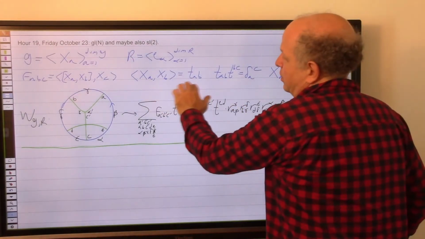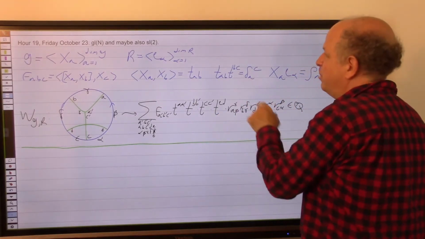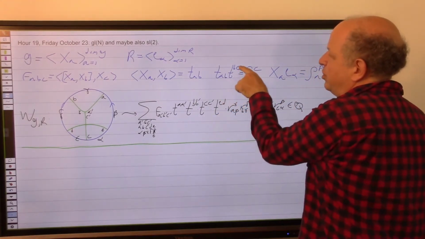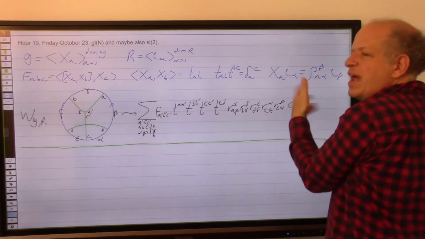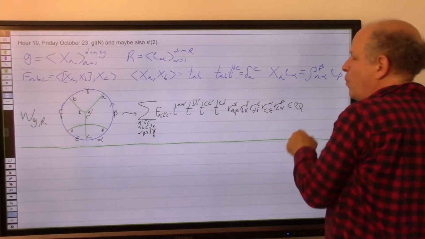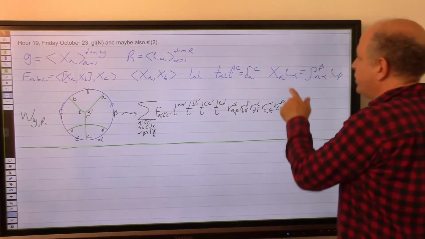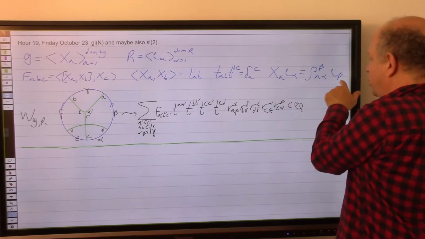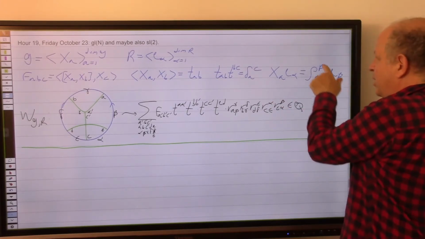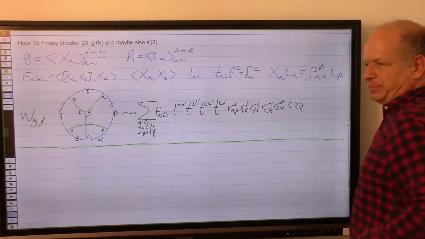Okay, the metric is symmetric and non-degenerate, so it has an inverse which is also symmetric, and let's call it g upper bc. And finally, there is a third array of numbers, the rho array, which is for the representation, and it goes: x_a acts on e_alpha as a combination of e_betas, and the coefficients are called rho_a alpha beta.